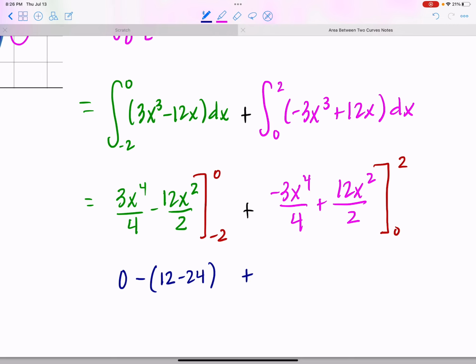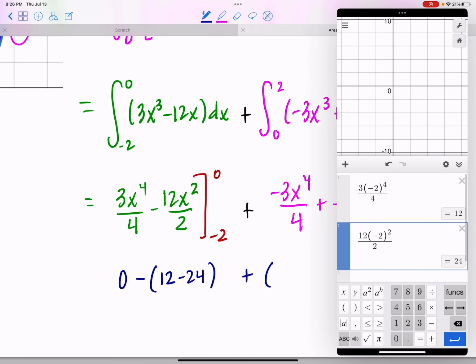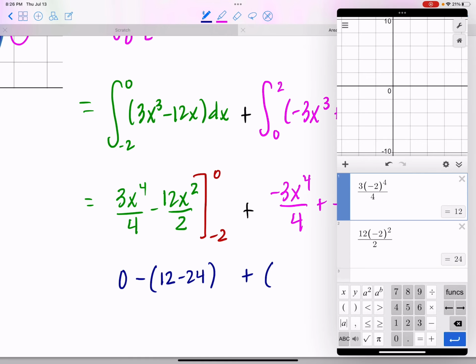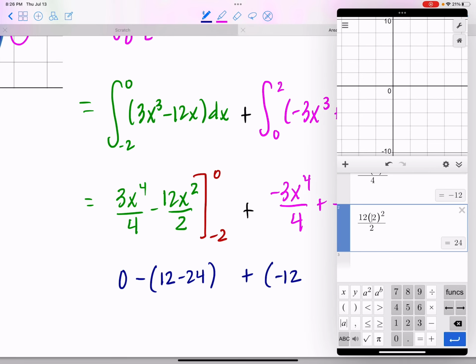Okay. And then over here, plugging in the +2, this is almost the same. So this should be negative, and this will be positive. So that's going to be a -12. And then this will be 24.